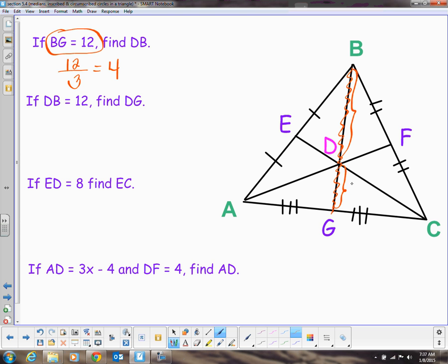This little piece is going to be 4, and this piece is going to be double that. And is that 12? Another way you could look at it is you could say, well, DB is going to be 2/3 of 12, which is 24/3, which is 8. I don't care how you look at it. I need you to be able to just do these.